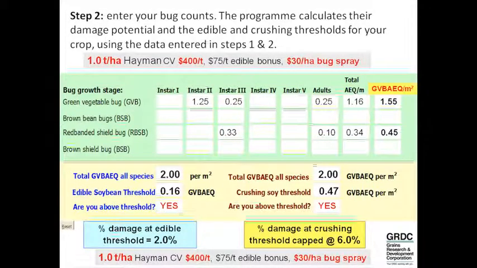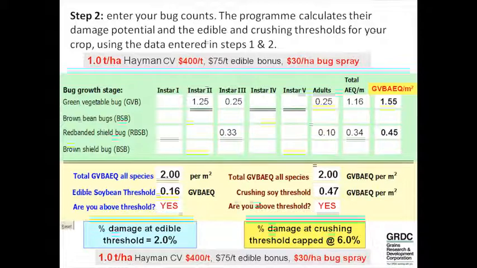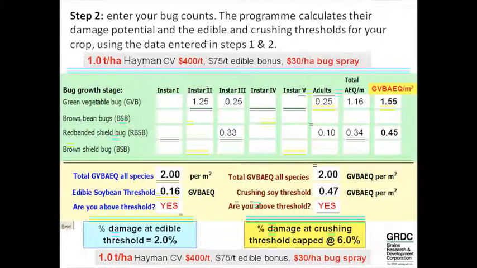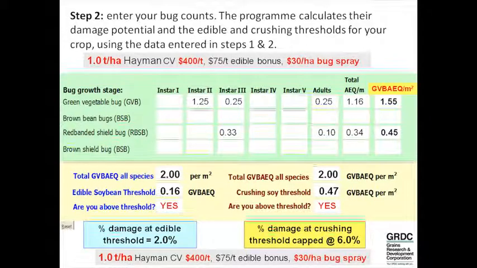This is a 1 tonne a hectare crop. Are you above threshold? And in that case, the tolerable damage worked out at 7.9%, but the model is automatically capped at 6%. So it just gives you an idea of the damage that you can wear before you take action.